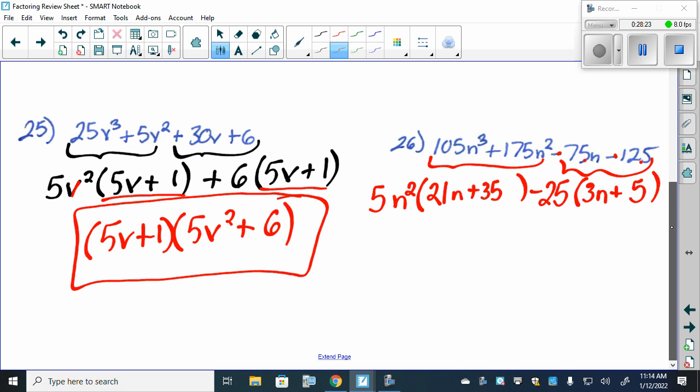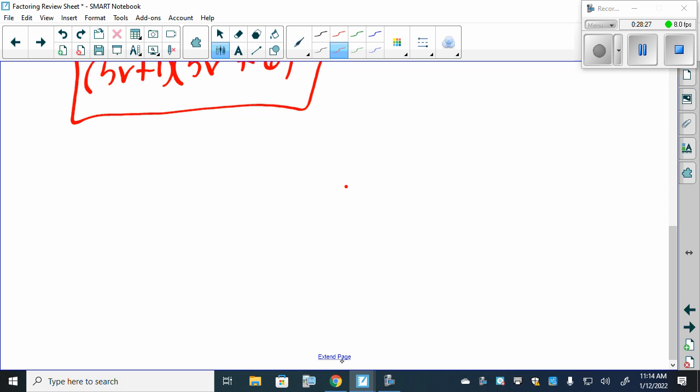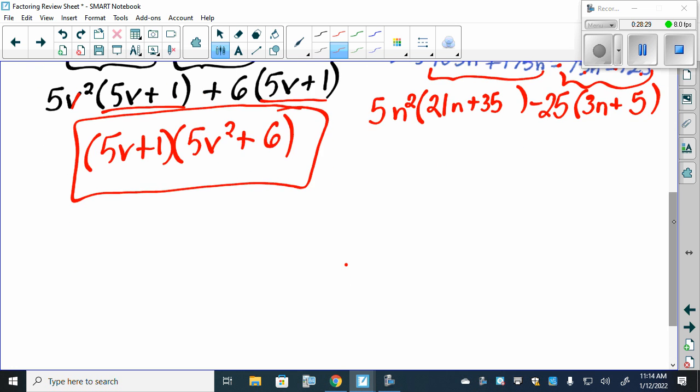Okay. So, are both sets of parentheses the exact same? Because in one of them I have 3n, and in the other one I have 21n, yes? So what times 3 is 21? Then the other term we have is 5 and 35.